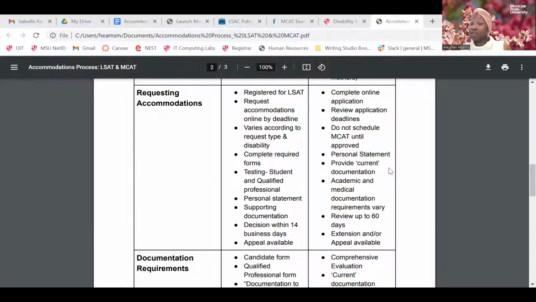The last thing I want to say, just before we get into that, the rejection rate for MCAT accommodations is extremely high. Many students, and I'll even say every student I've ever worked with who has requested accommodations on the MCAT was denied on their first attempt for a variety of reasons.